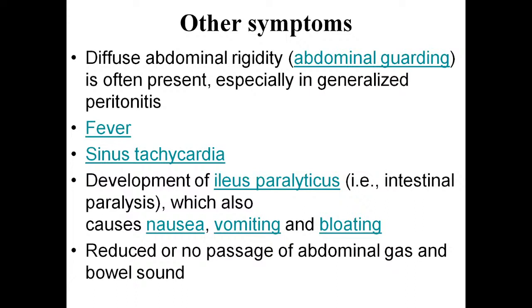Next symptoms are fever, sinus tachycardia, and development of ileus paralyticus, intestinal paralysis, which also causes nausea, vomiting, and bloating. Reduced or no passage of abdominal gas and bowel sounds. These are other symptoms of peritonitis.